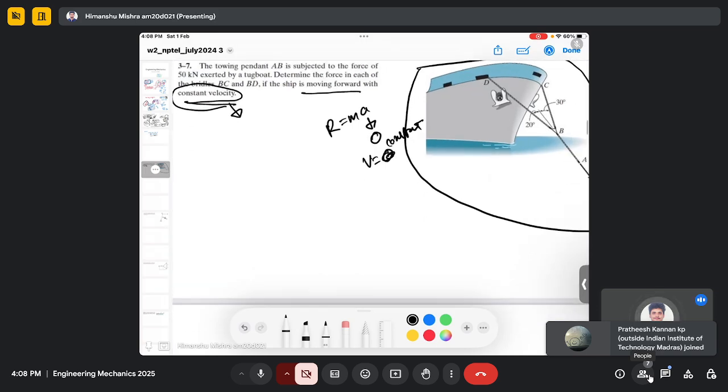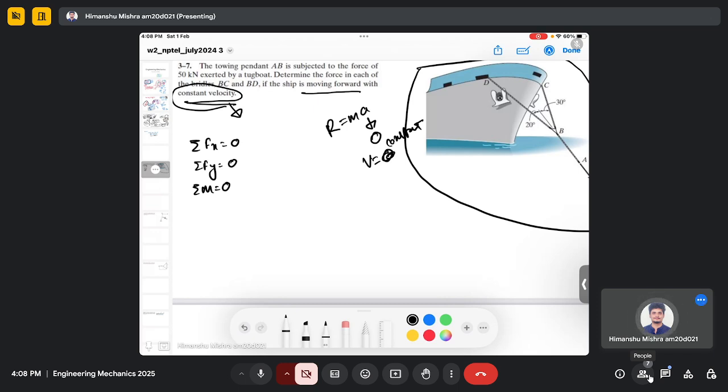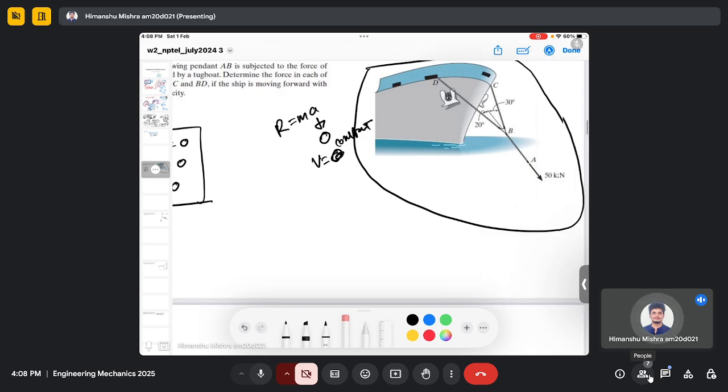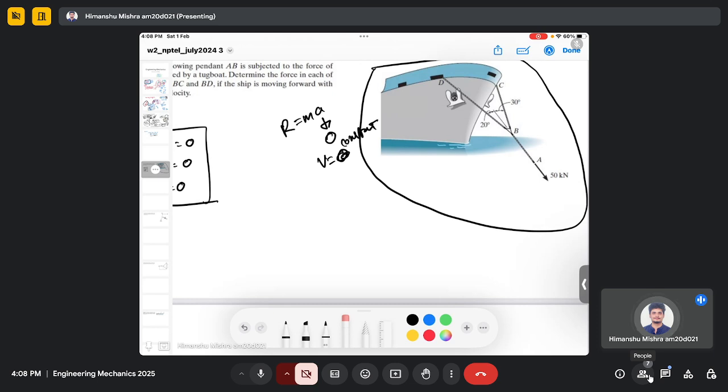So let us first write down that the sum of Fx, force in the x direction, is 0, force in the vertical direction is 0, and the summation of moment is 0. These are the equations that we need to use here again, and we need to calculate the force in the chords BC and BD.